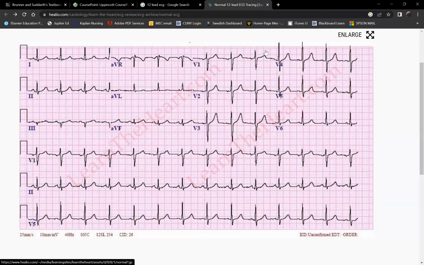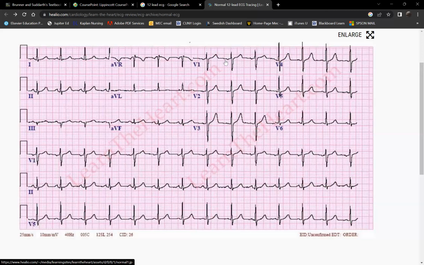But knowing electrophysiology, the doctors are trained to know that ST and T wave changes are occurring. So let's say in V1, that means this must be a right coronary artery problem.